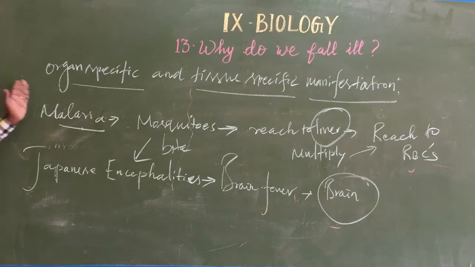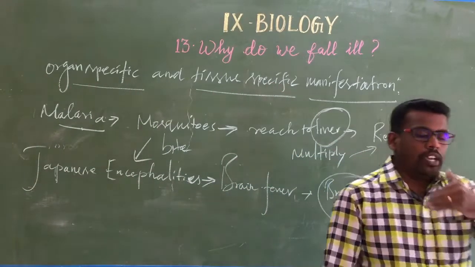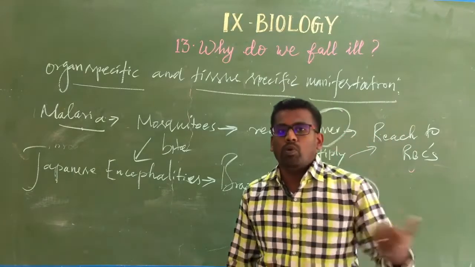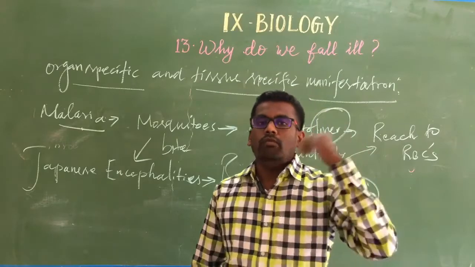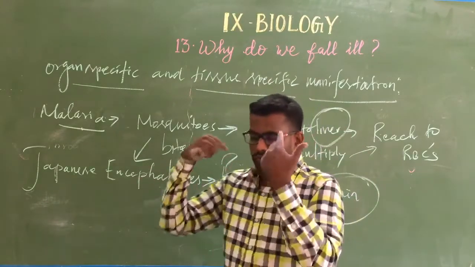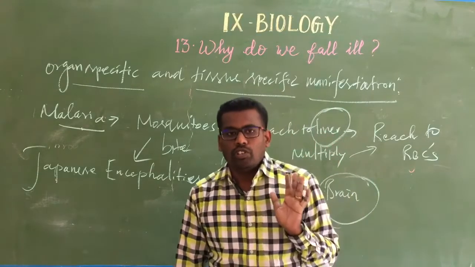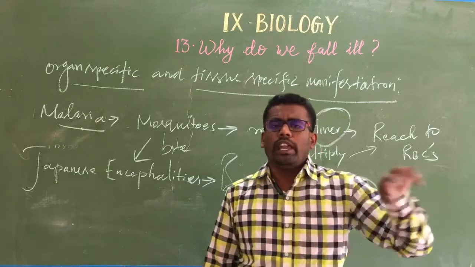Again, organ specific and tissue specific manifestation. Once a microorganism enters, where will it stay, where will it go? Who decides that? The entry. Wherever the entry happens, it reaches there. If it goes through the air via the nose, it reaches the lungs. Or through the mouth it reaches the alimentary canal.